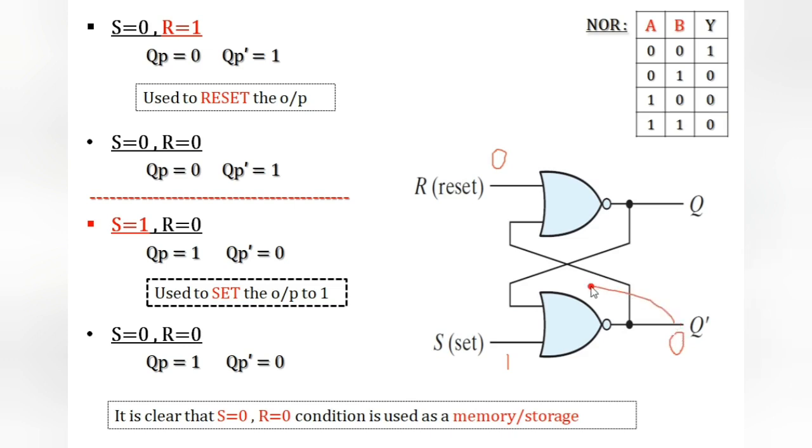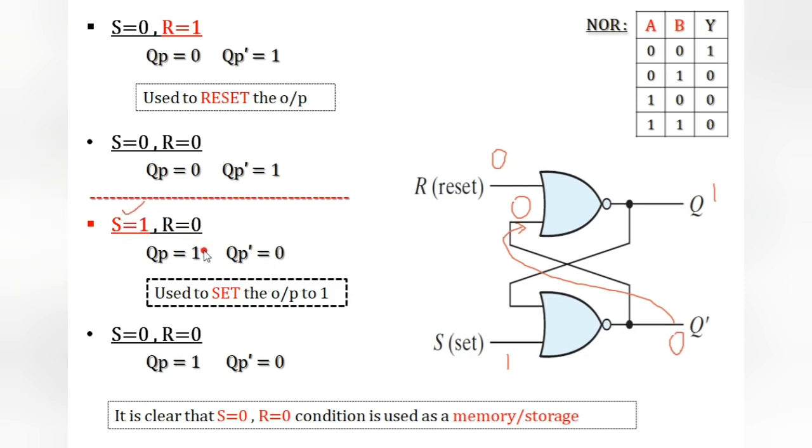This 0 I am giving to this circuit. Observe. So 0 0 results 1. So in the S1 R0 condition, Q is 1, Q bar is 0. So set is activated.